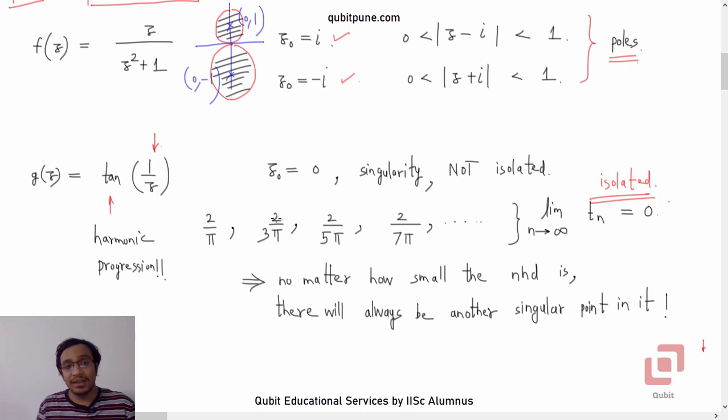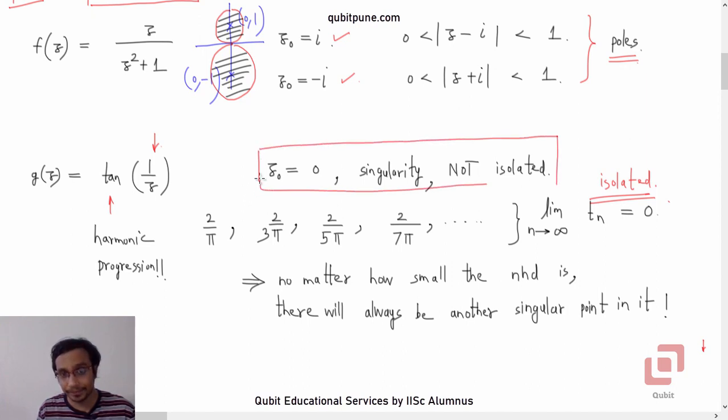Whereas the singularity due to the inner function, 1 upon z, which is z0 equal to 0, is not an isolated singularity, because the closer you go to 0, because of this decreasing sequence, you will always be able to get yet another singularity within the radius of your disk. Which means no matter how small you consider the neighborhood to be, there will always be another singular point in it.